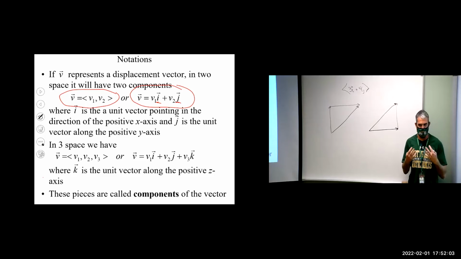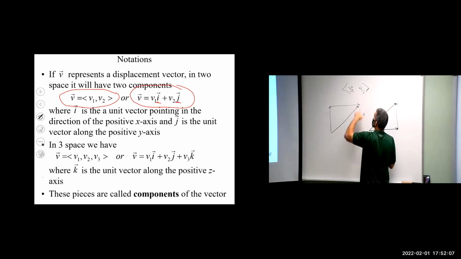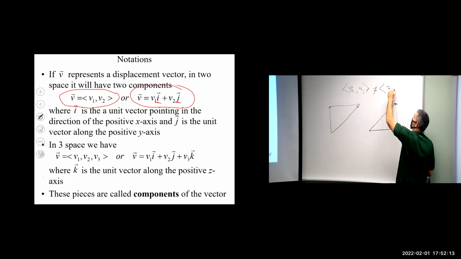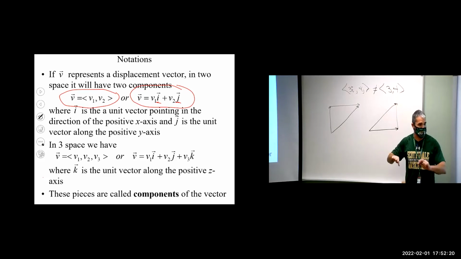It loses what the construct means. And in fact, even if I put the comma in there, this is not the same thing as 3, 4. So when you use the angled brackets, you do not need the I and J, you do not need plus. You treat it almost like a point.